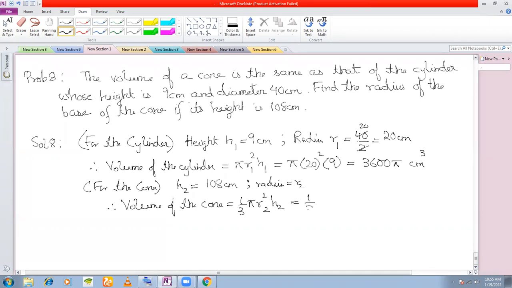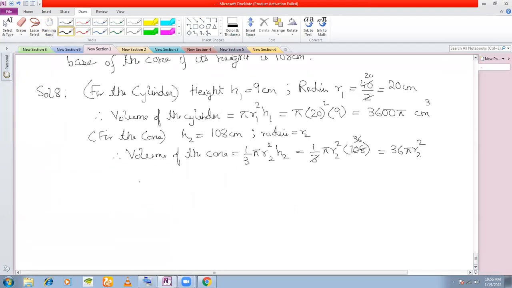So I have 1/3 pi R2 square H2, where H2 is 108. I think this will cancel here 36 times. So you get here 36 pi R2 square.